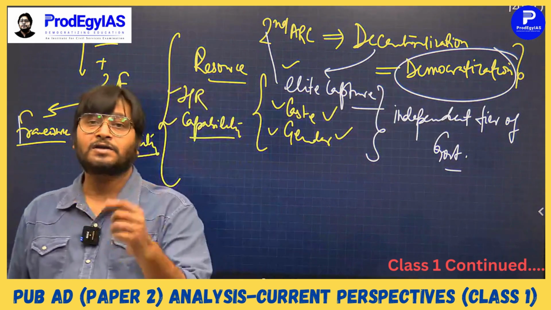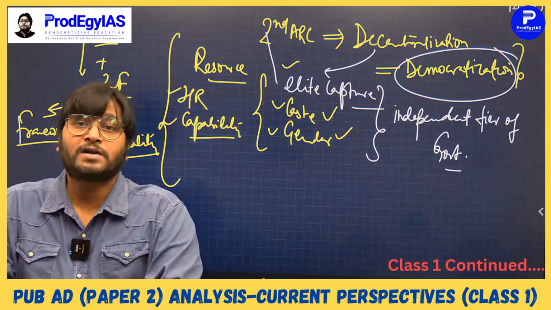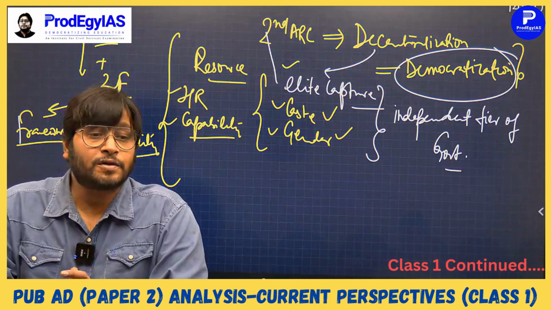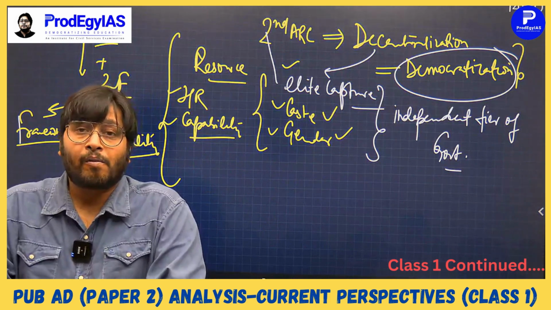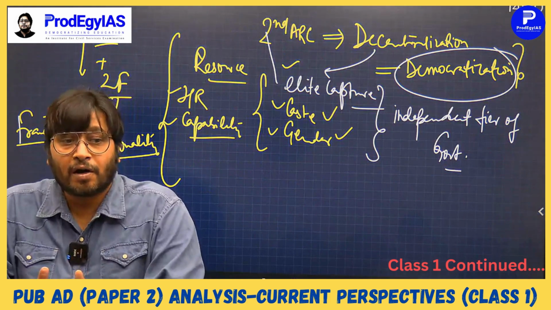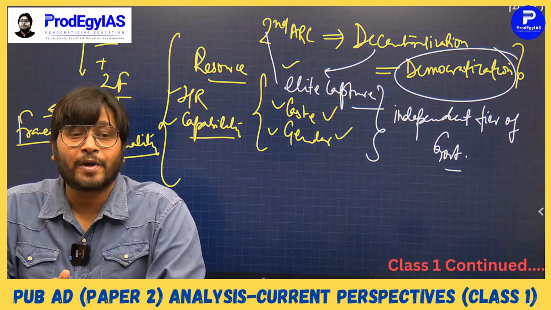See, Bangladesh has plunged into a civil war. Riggs analysis, if you have studied, right? Politics administration relationship. So how a bureaucratic politics or politicization of bureaucracy will have consequences for economic growth.